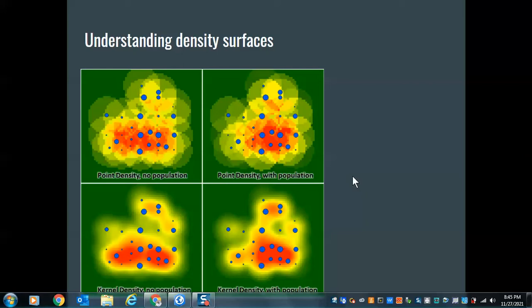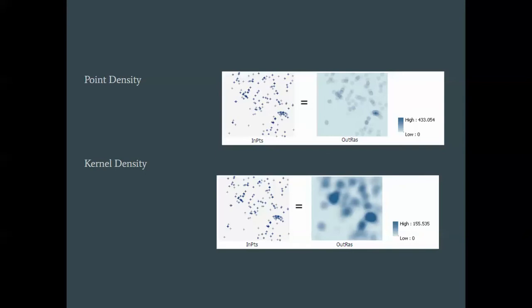Whereas in the kernel density for each grid cell, we're looking at, from that grid cell out, the number of occurrences of our phenomena and how far they are from the grid cell. So again, if you think about it, you're going to get two very different looking surfaces. One is very much going to have our circles of analysis, while the other one is going to have, in a sense, hills and valleys of density.